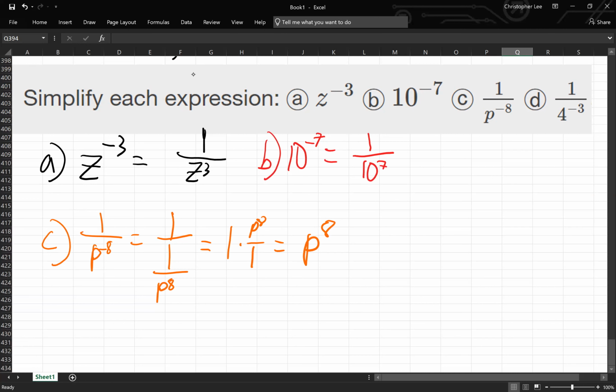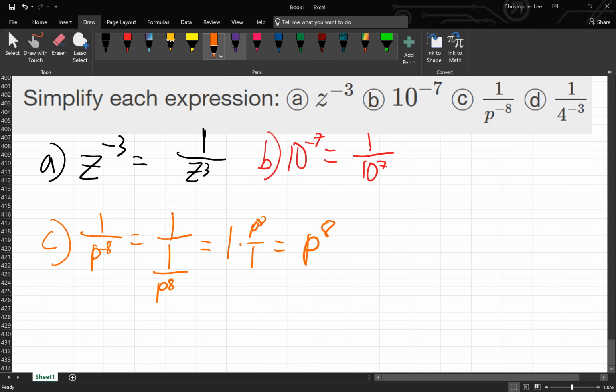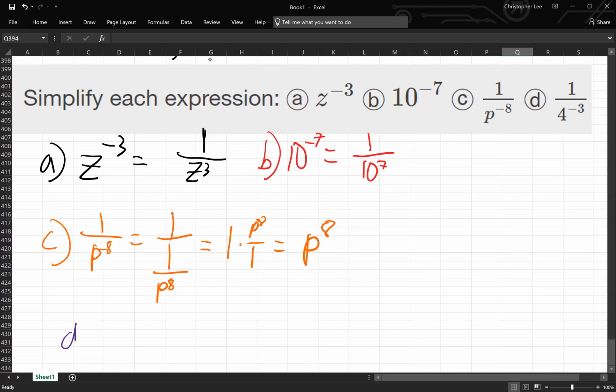Questions on that? All right, let's keep it moving. I have 1 over 4 to the negative 3 power. What is that going to become? 4 to the third. Good. Which, remember, is 1 over 4 to the third. Keep, change, flip, all that good stuff.